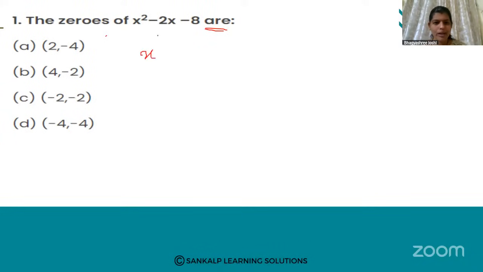X square minus 2x minus 8. Okay. So again, 8. We choose 2 numbers again. How should those 2 numbers be? Product should be 8 and middle term should be minus 2. Which numbers should we choose now? Again, take 4 2s. Right? 4 2s are 8. 4 minus 2, that is minus 4 plus 2.